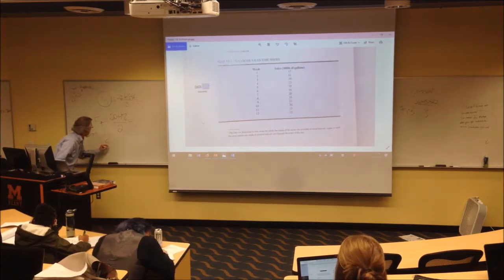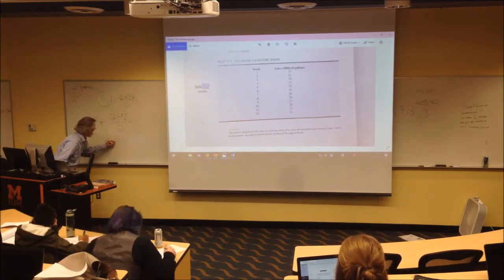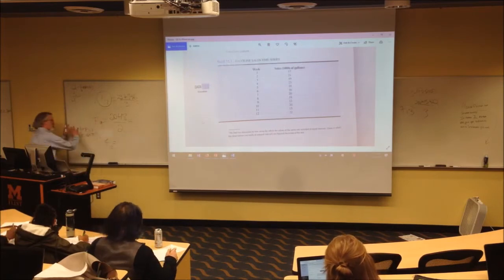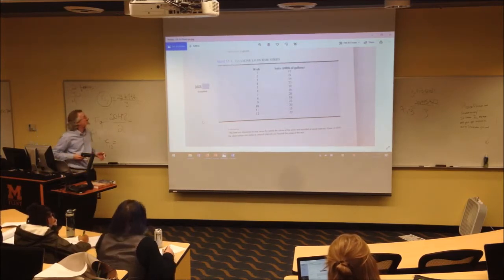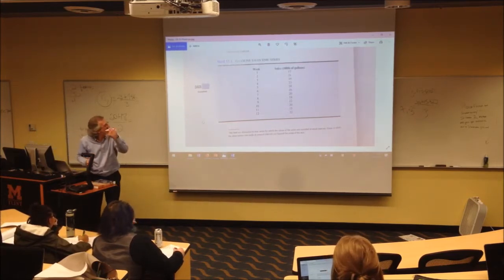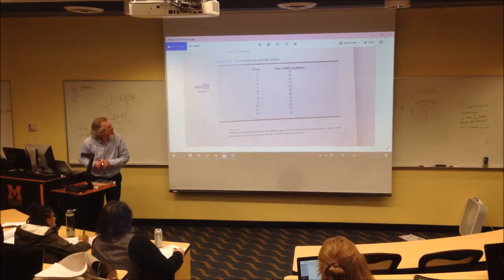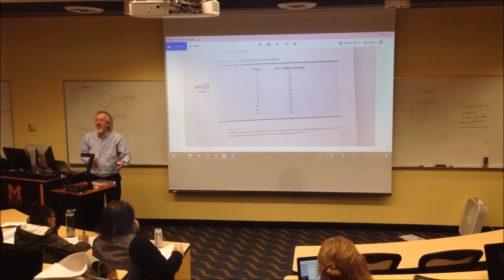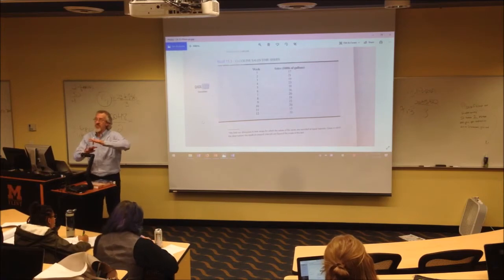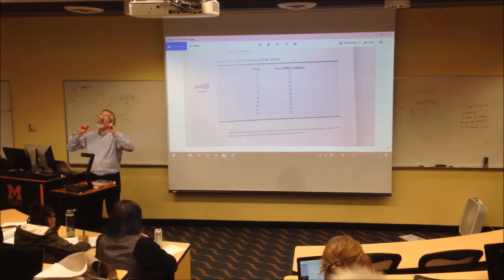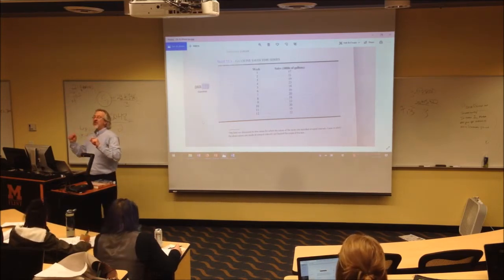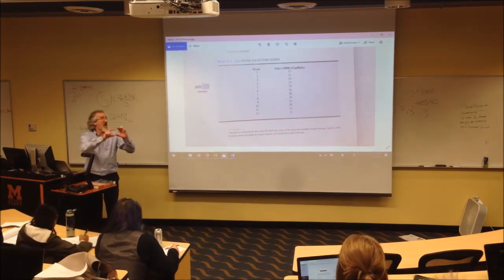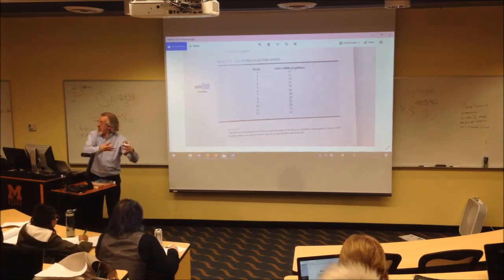And I want to do a forecast for period 10 without knowing the math, without knowing how to do weighted moving average. You can tell me what periods to use, or not just what periods, but what numbers would be used. If I'm forecasting period 10, give me the numbers that would be used. 20, 18, 22. Exactly. Same concept as moving average, right? That easy. But instead of dividing by however many numbers you're using, you multiply each number by the weights that are in the directions, that are in the problem being told to you.